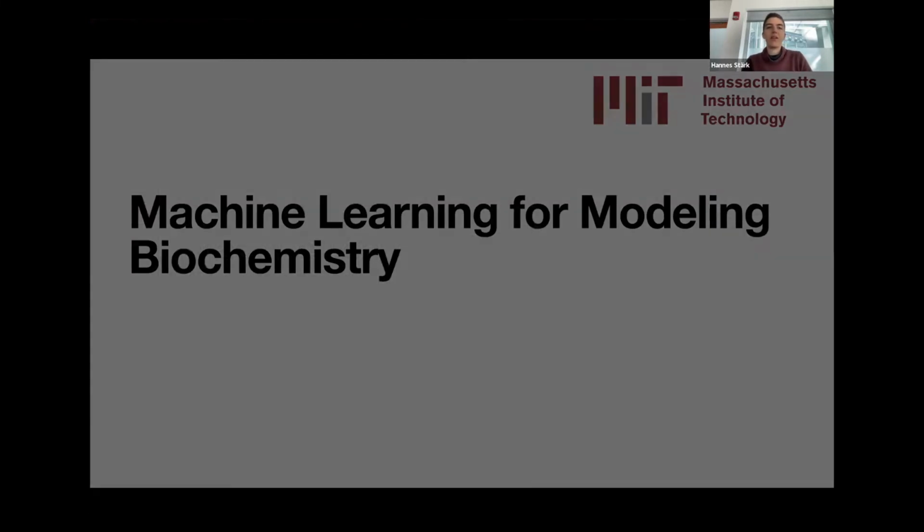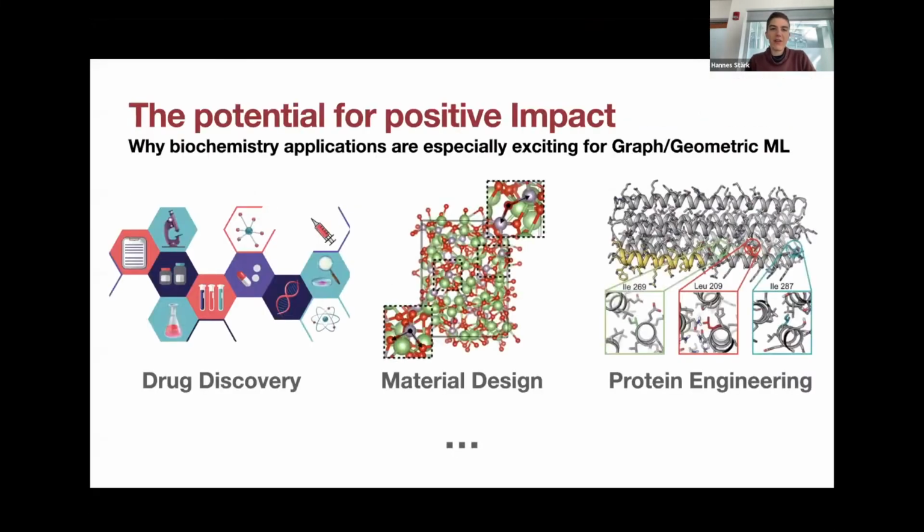First of all, I wanted to say why I think this is a particularly exciting area for machine learning, for geometric deep learning, for graph machine learning. That is because the potential for positive impact is so huge in this application field in biochemistry.